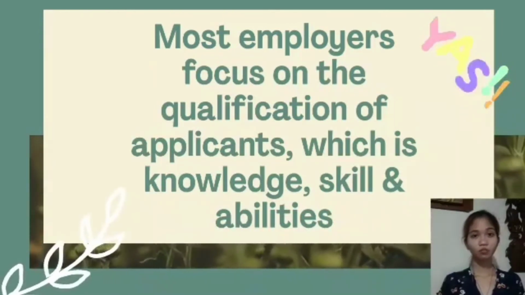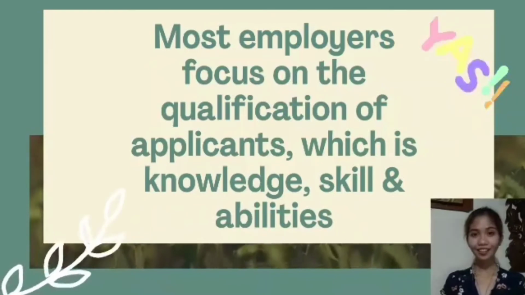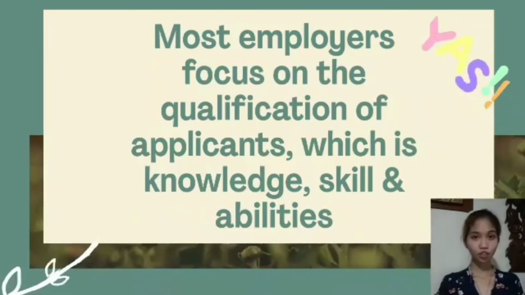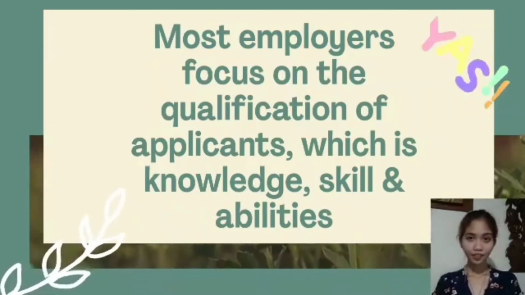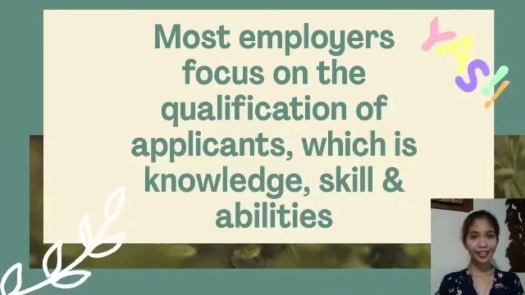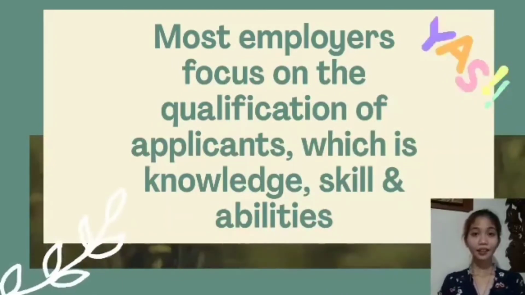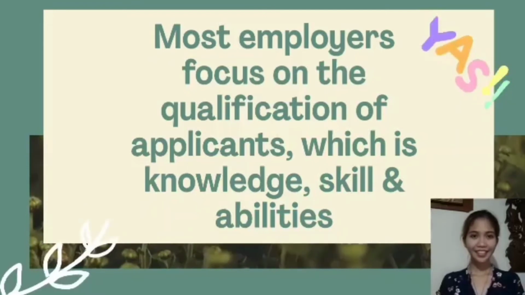Knowledge is what we've learned from school. It's the theoretical understanding of one subject, while skills have two types: technical skills and soft skills.